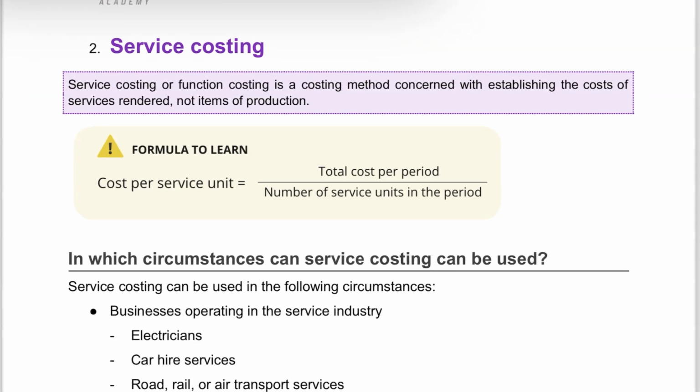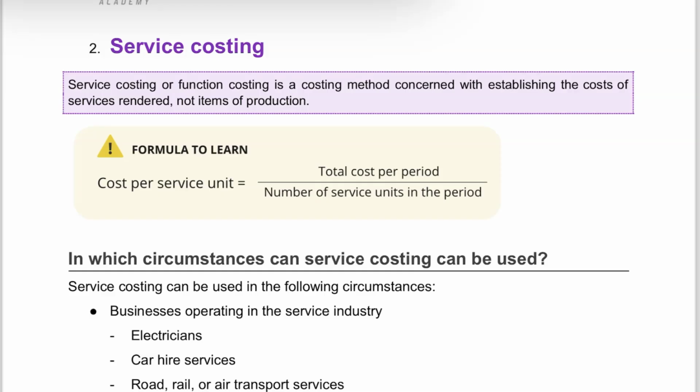Over to you, Neesha. With regards to service costing, as the word indicates, service costing is basically all about establishing the cost of a service, not an item of production.